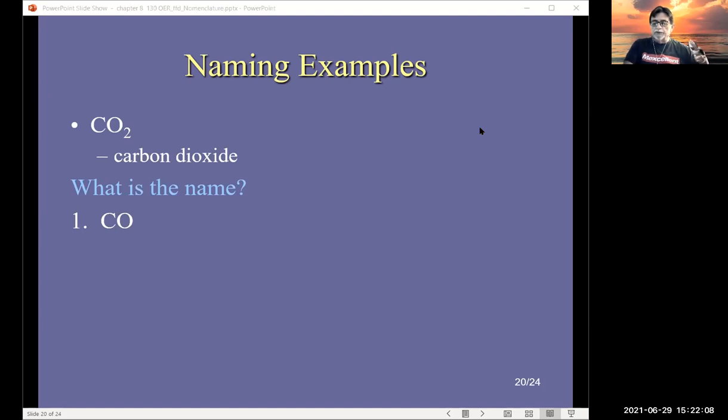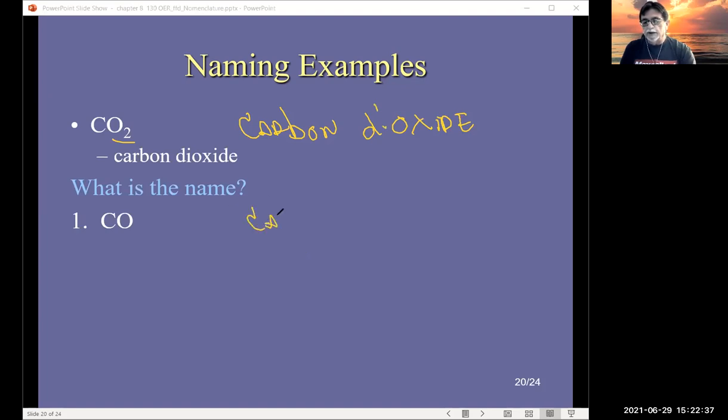When it comes to these type of molecules, covalent compounds, what I do is I first write the parent name. I forget the prefixes for right now. I know the first one's called carbon, and I know the second one is oxide. But then I look at the numbers. So I know that there's a 2, so that becomes dioxide, right?